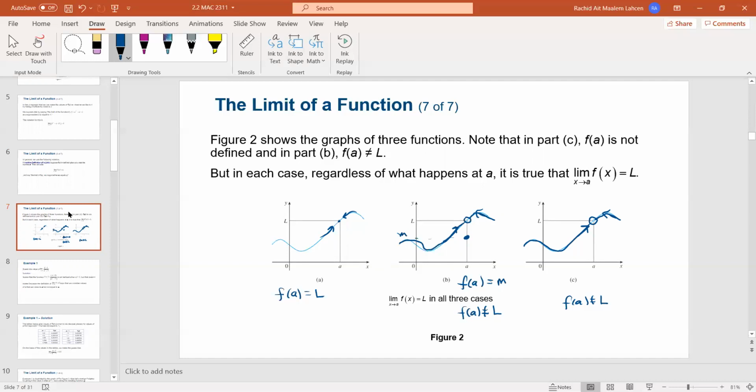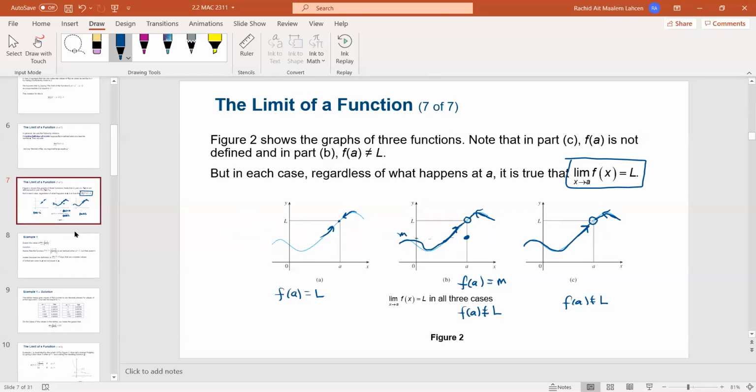Just like the previous example where f of 2 is not 4, here f of A is not L, it's M. And the limit is still L, because what we are interested in is, as x approaches A, what does it approach? It approaches L in all these three cases. And we'll reinforce this idea.